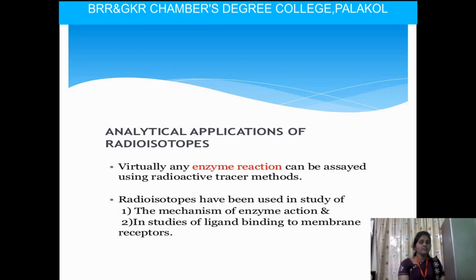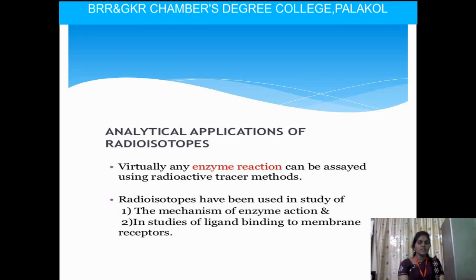So here if we take an enzyme, and we don't know the purpose or the reaction of that enzyme, then we have to attach this enzyme with the radiolabeled isotope. Then we can insert it into some organism. For example, if we take a rat, we have to insert it into that rat.